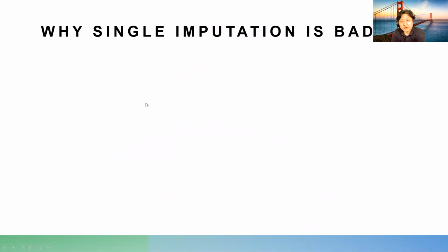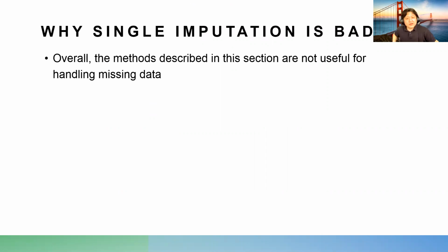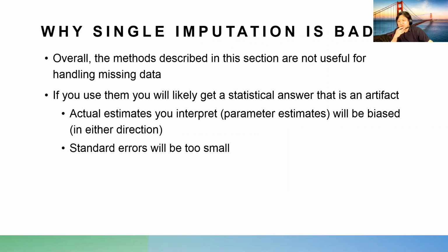Any other questions? Nope. Okay, so why is single imputation bad? Overall, the methods described here are not useful for handling missing data. If you use them, you will have some artificial effect in your statistical analysis. The estimates will be biased because the distribution of your data set will be restricted, so it will affect the standard error.